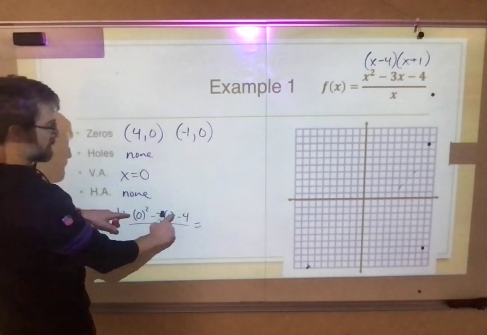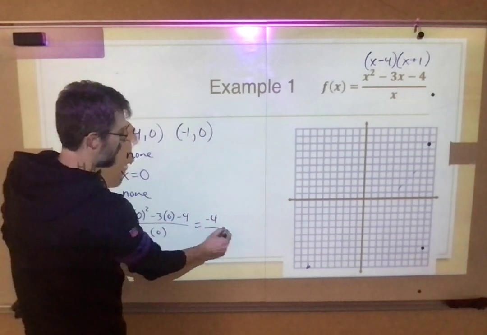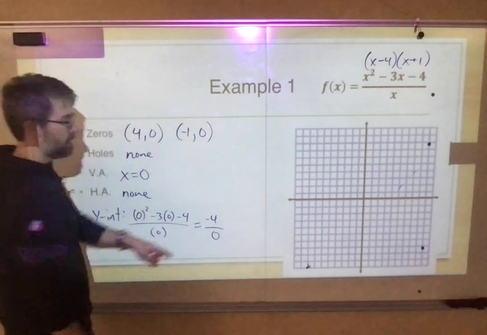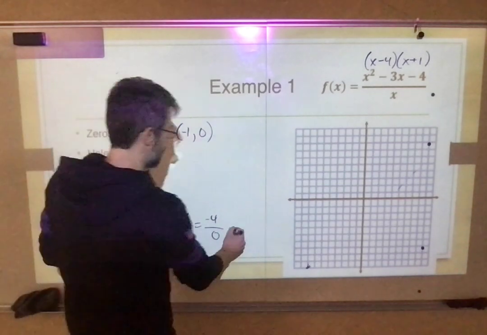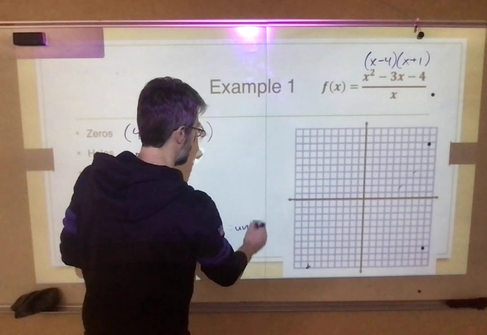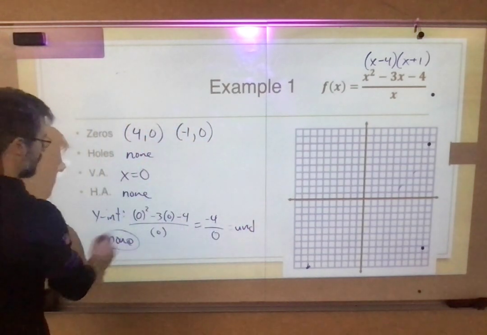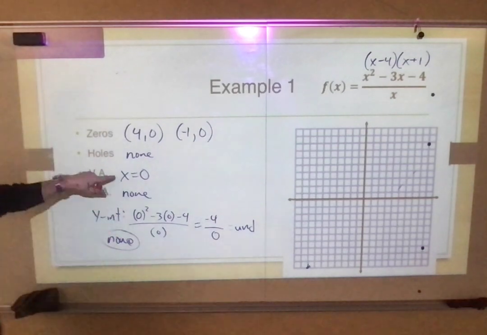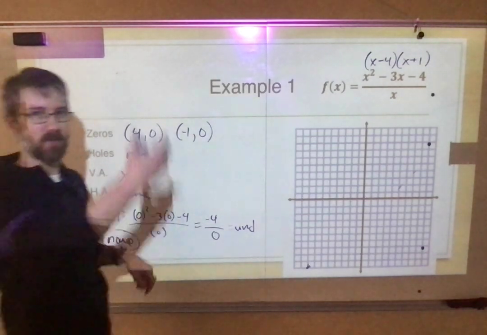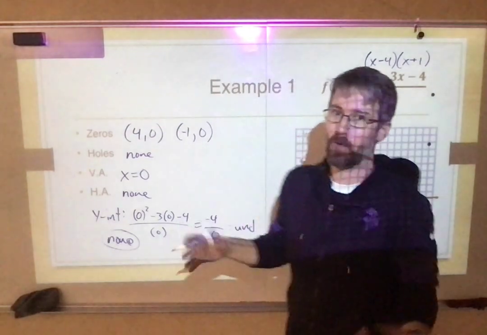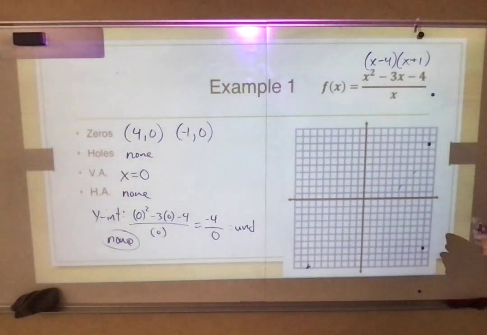The top, 0 minus 4, over the bottom is 0. When you divide by 0, it's undefined. And so that means there's no y-intercept. So our y-intercept is none. Which makes sense because we have a vertical asymptote at the y-axis, so it never crosses the y-axis.